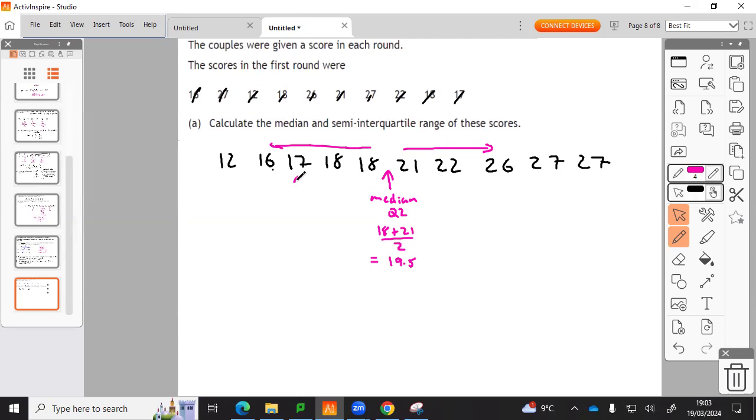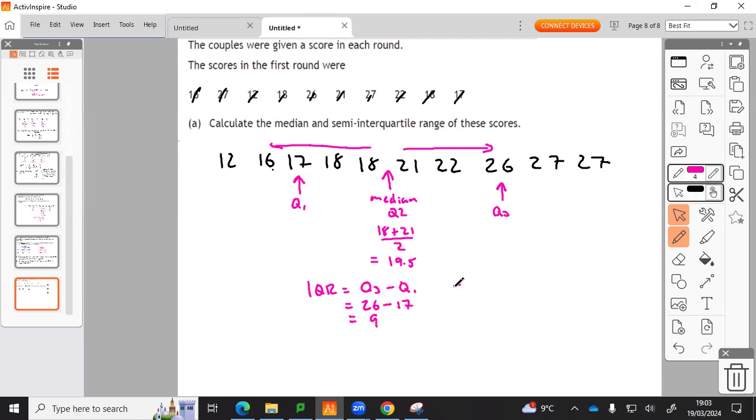Okay, the number right in the middle, 17, Q1. 5 numbers to my right, in the middle is my 26, Q3. So my interquartile range would be Q3 minus Q1, which would be 26 minus 17, give me 9.